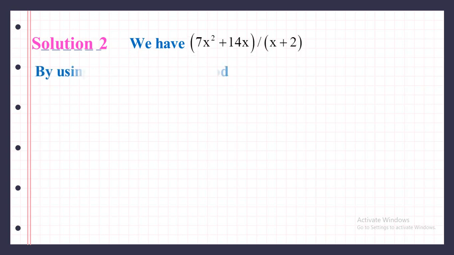Solution 2. Divide polynomial 7x^2 plus 14x by polynomial x plus 2.